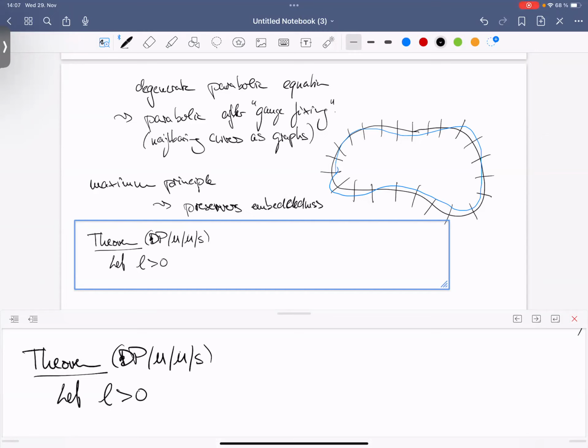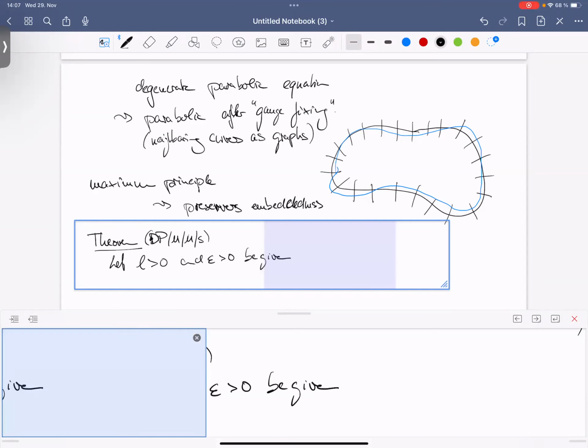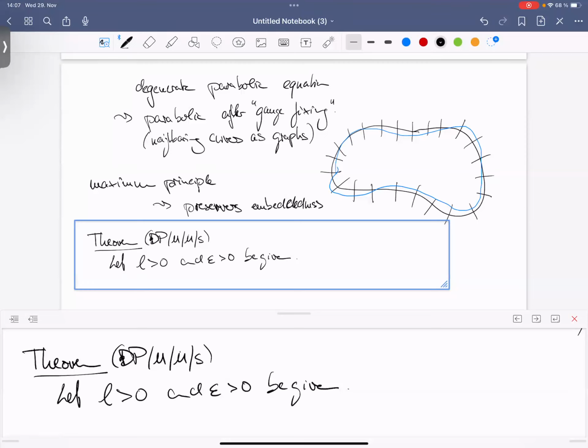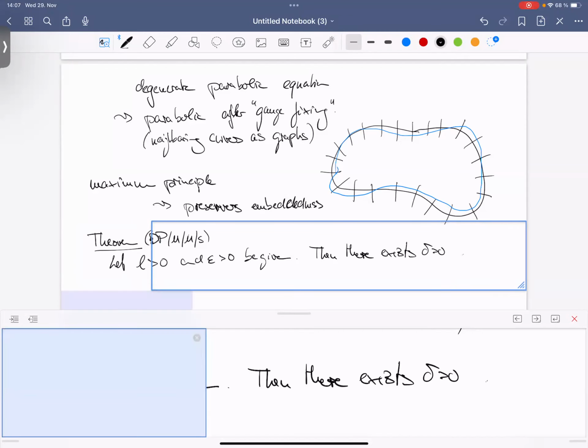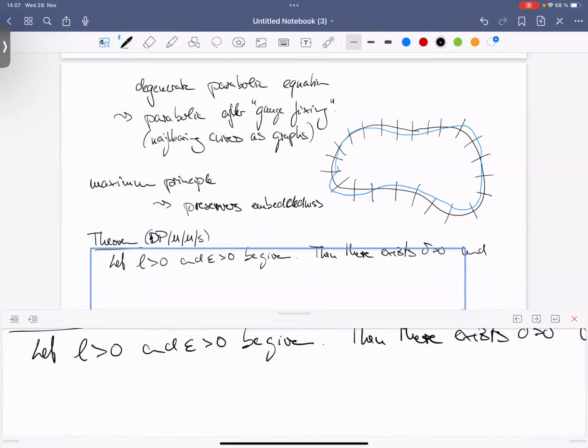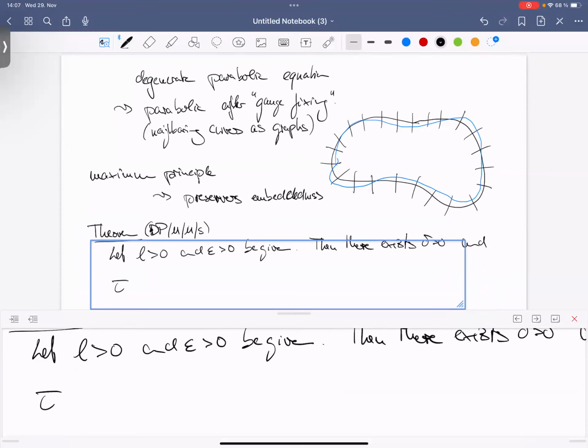Let L be positive and epsilon, a smaller number, also positive, be given. Then there exists delta positive and a function tau, which is defined on the space of embeddings of S1 into S2 with length less than L plus delta.